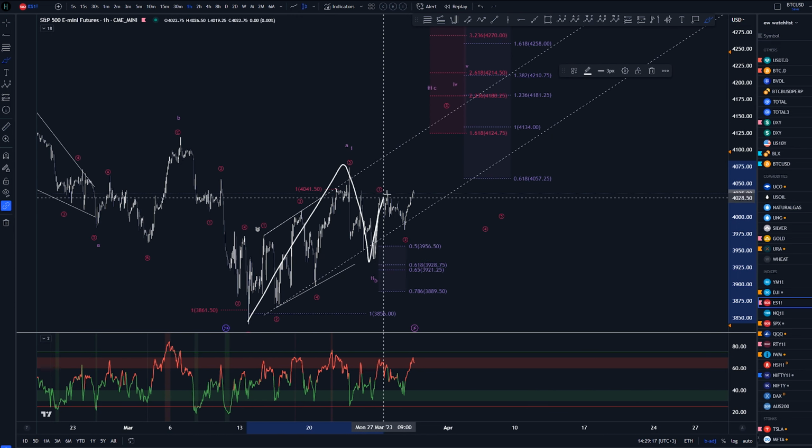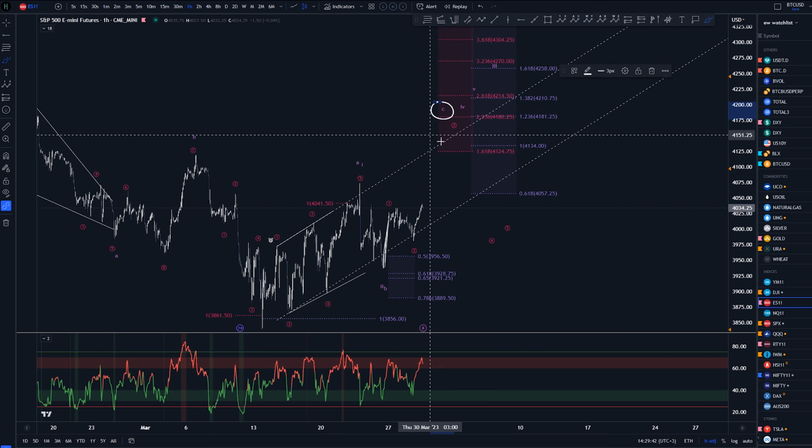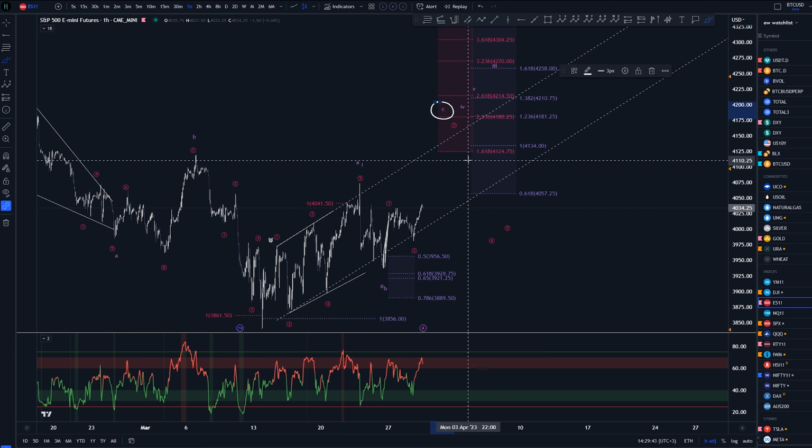But until that point, we can be more conservative and just look at the wave C targets. Now overall, there is a chance that we are going to be getting another low here, and another buying opportunity in case this just flies off. But that is the bullish scenario. We had 2 different buying opportunities already, these 2, and potentially one more. We'll see how that goes.